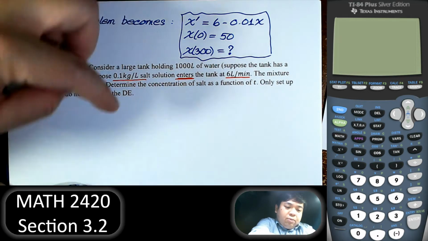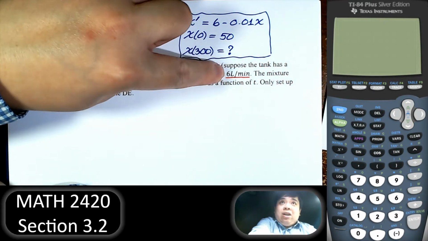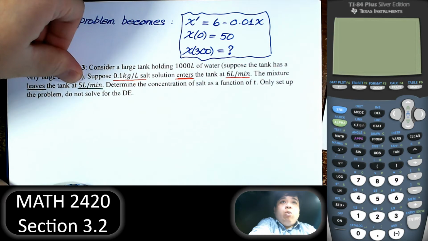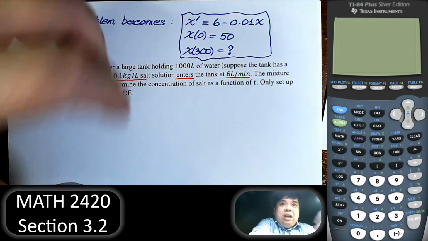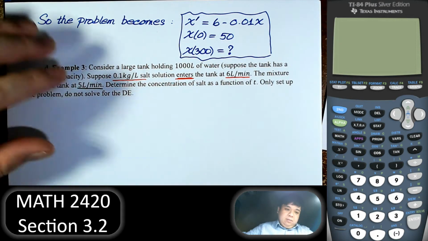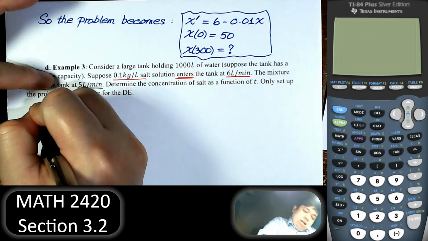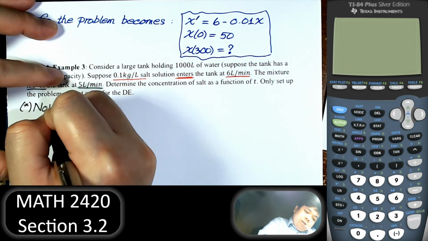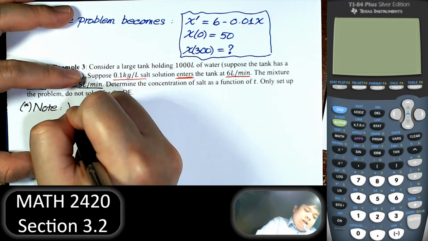First of all, the flow rate coming in is 6 liters per minute, and it leaves at only 5 liters per minute, meaning that more is coming in than going out. So in this case, the volume here is not a constant. So first, note our volume is not constant.